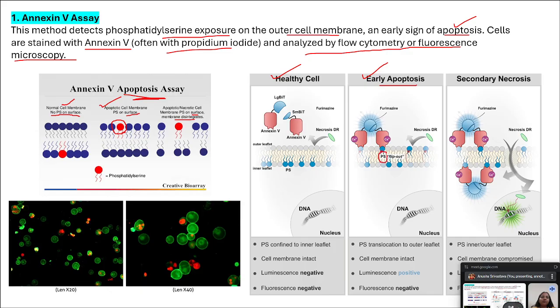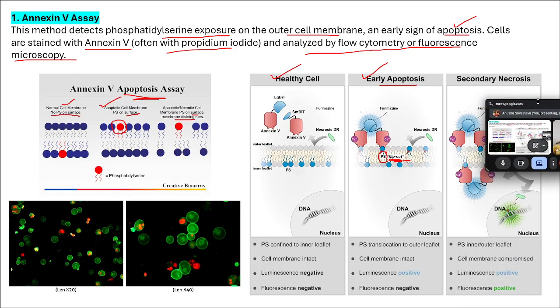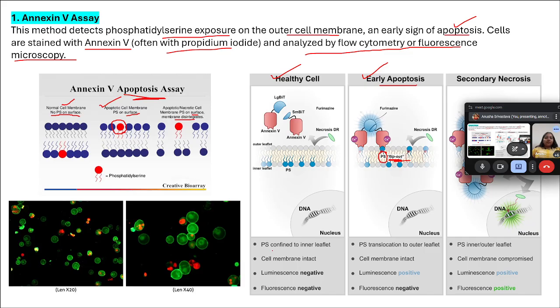In the healthy cell, phosphatidylserine is confined to the inner leaflet, the cell membrane is intact, luminescence is negative, fluorescence is negative. When apoptosis sets in, phosphatidylserine translocates to the outer leaflet, the cell membrane is intact, luminescence positive, fluorescence negative.